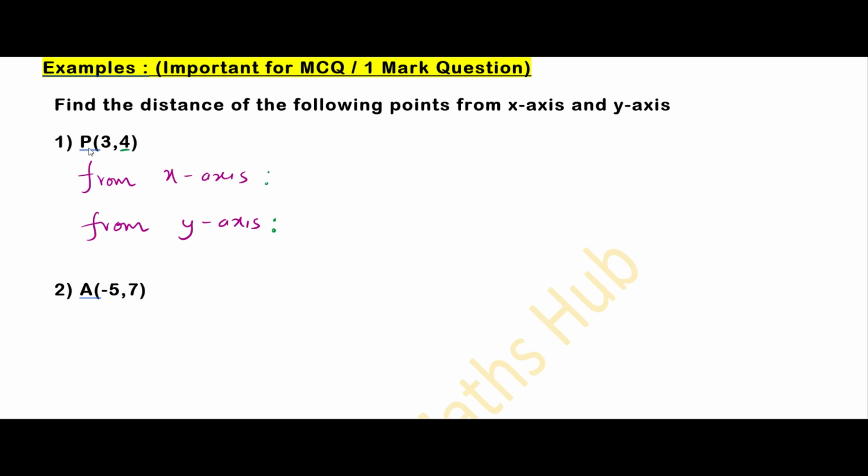The distance of the point P from the x-axis will be its y coordinate, that is 4 units. The same way, the distance of point P from the y-axis will be its x coordinate, that is 3 units. Very simple. If we consider a point, the distance of that point from the x-axis will be its y coordinate. For the y-axis, it will be its x coordinate.